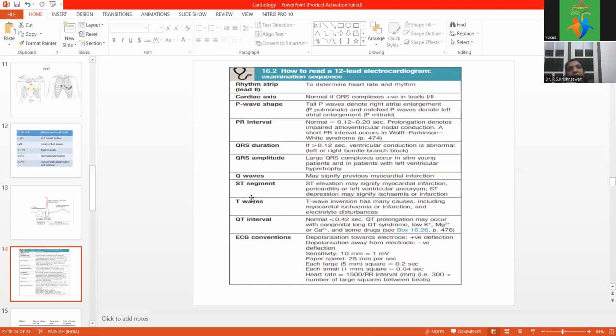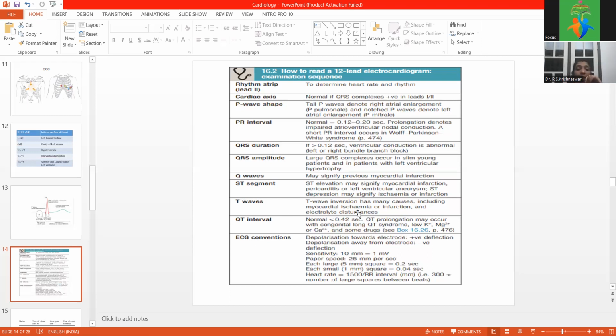So ST elevation means myocardial infarction, most important. Second is pericarditis or left ventricular aneurysm. But ST depression may be ischemia or infarction. Understand? ST segment elevation is myocardial infarction. ST segment depression is ischemia or infarction.